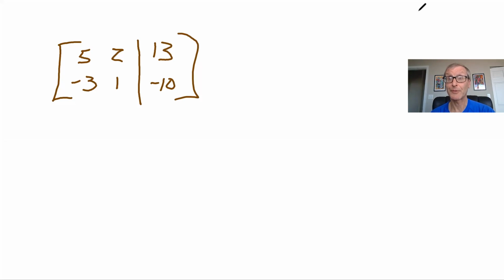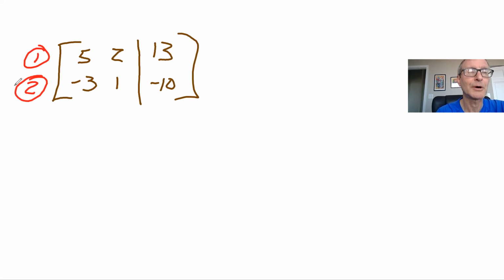Okay, so let's go the other way, where what we have on the whiteboard now is an augmented matrix, and now let's write it with regards to these as equations. So a system of equations like we did in section 8.1. So again, what I like to do is I always like to label these until you get used to it. So this would be row 1, row 2. So there's 2 equations, right?